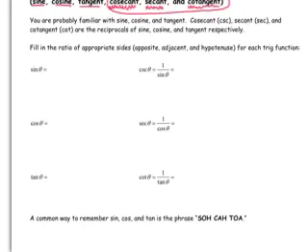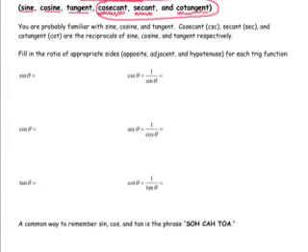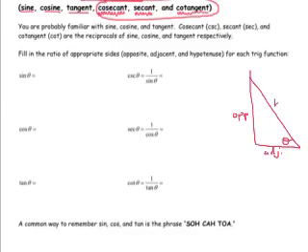So sine of theta is, let me redraw my triangle over here. Here's my triangle. Here's theta. Here's opposite. Here's adjacent. And here's the hypotenuse. So when we say sine of theta, you're saying that sine of an angle theta is going to be equal to the ratio opposite over hypotenuse.